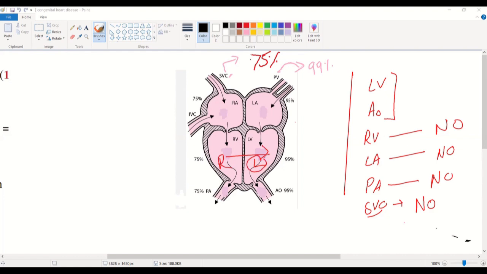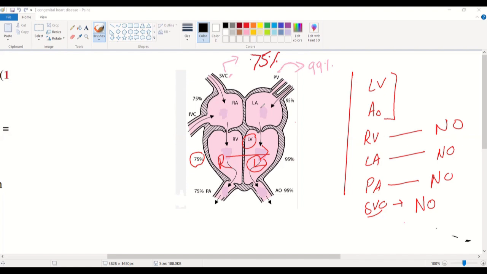This deoxygenated blood mixes with the left ventricular blood, so that's why the change takes place in the left ventricle. From the left ventricle, blood goes to the aorta, so the aorta contains that blood. So the only change takes place in the aorta and the left ventricle. The remaining chambers and vessels remain unchanged because there is no effect on them.